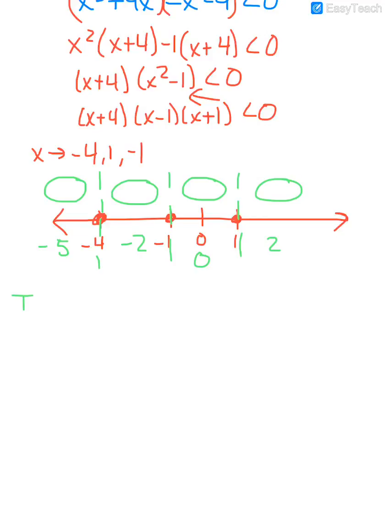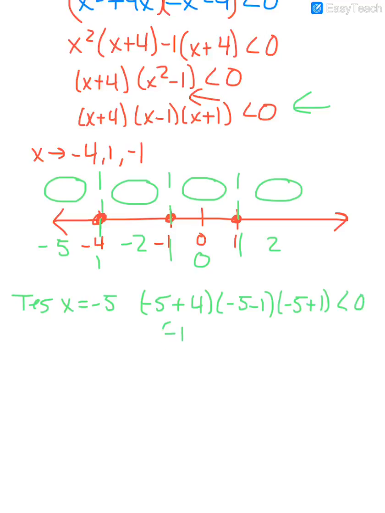So let's test when x equals negative 5. It means I plug it back into this polynomial that I've already factored. It's going to probably be easier for you to do. So negative 5 plus 4, negative 5 minus 1, negative 5 plus 1 is less than 0.